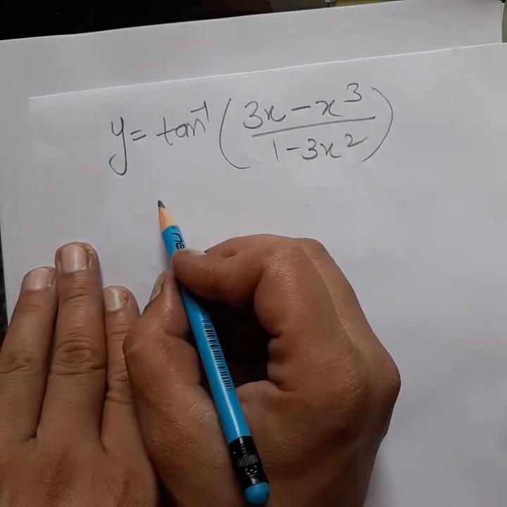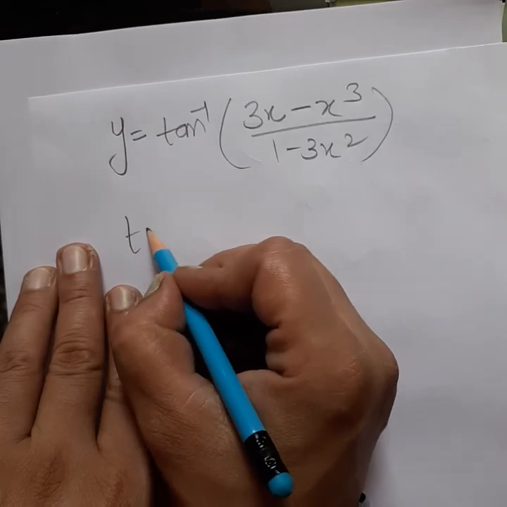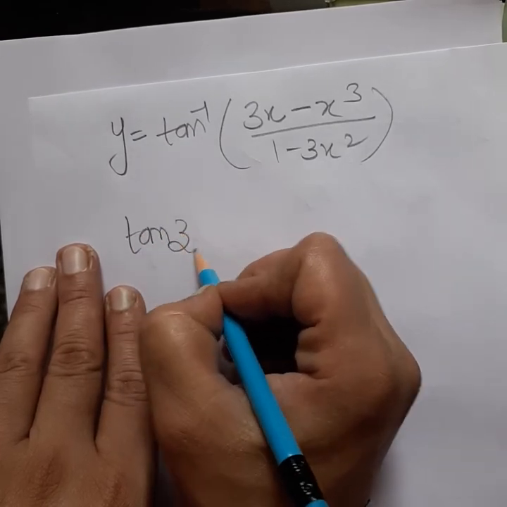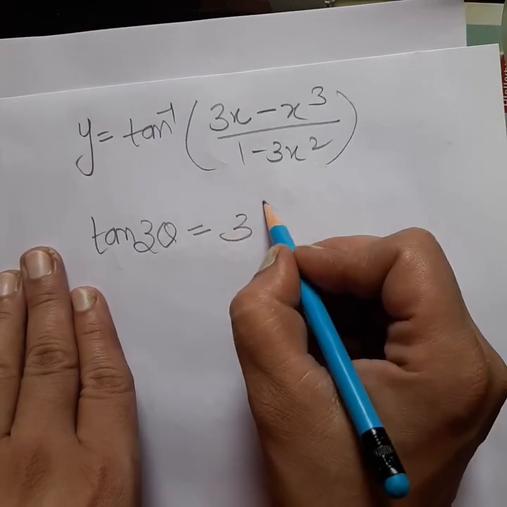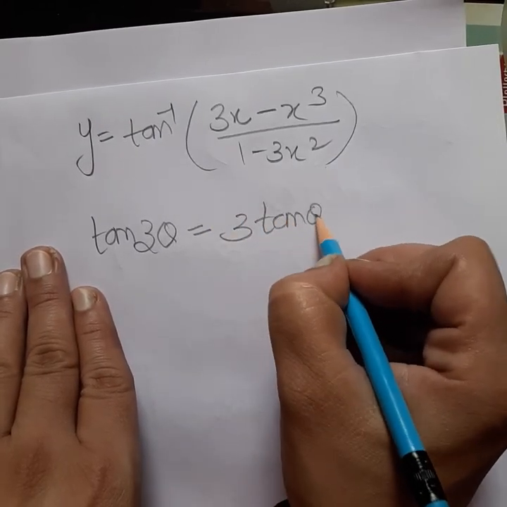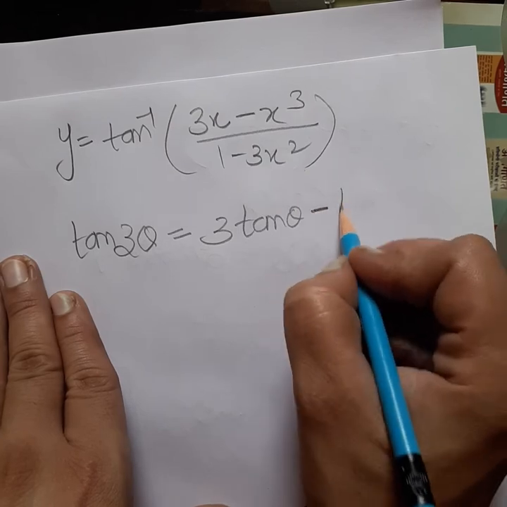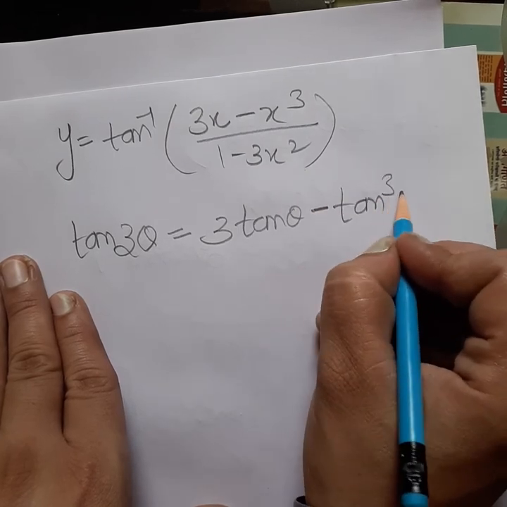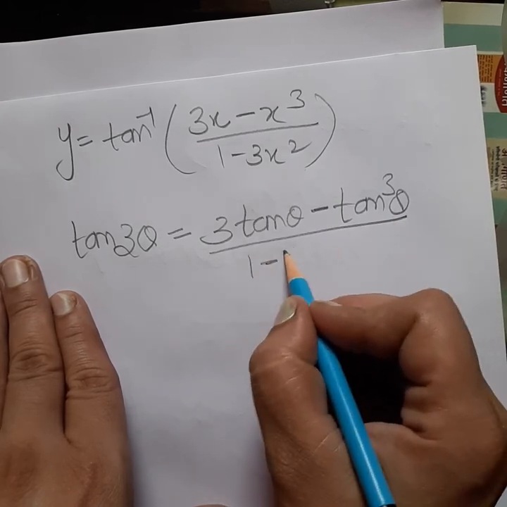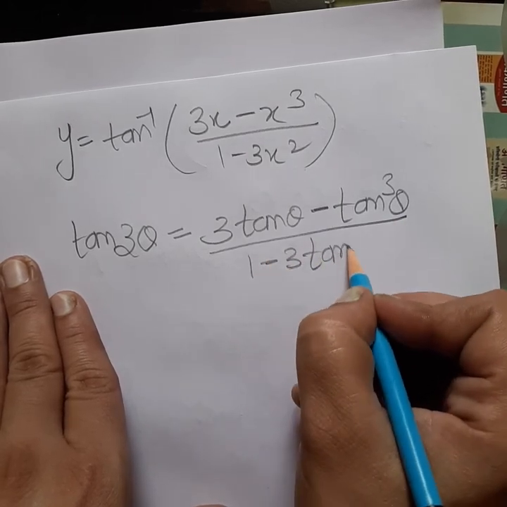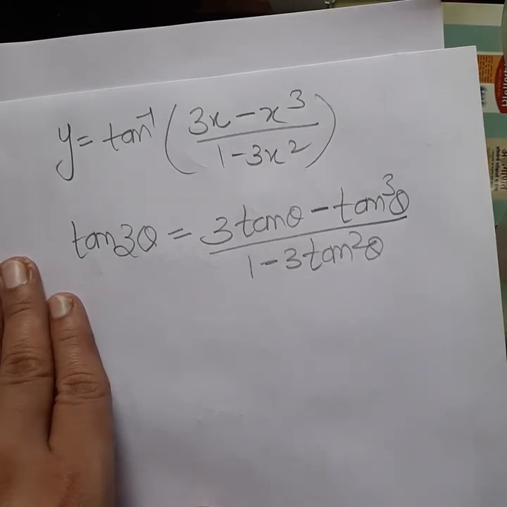Okay, so we know that the formula of tan 3 theta is equal to 3 tan theta minus tan cube theta upon 1 minus 3 tan square theta.